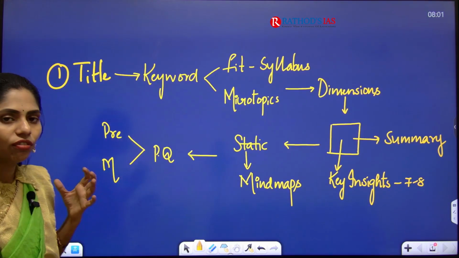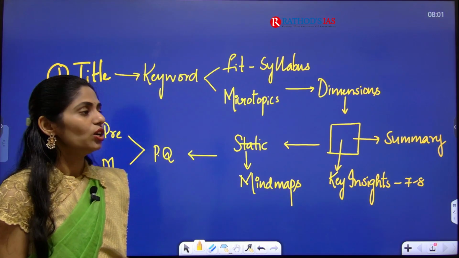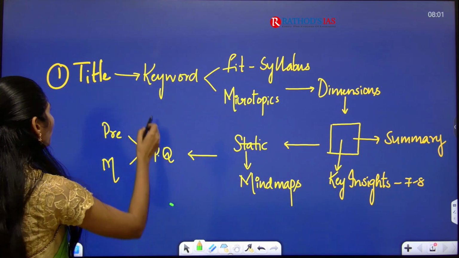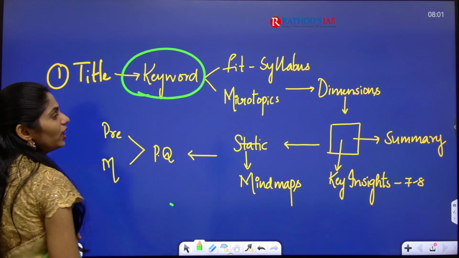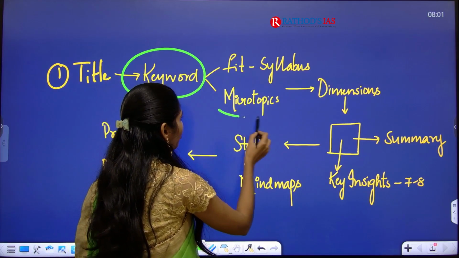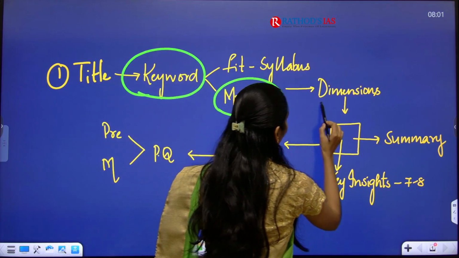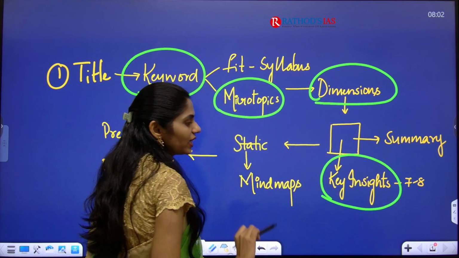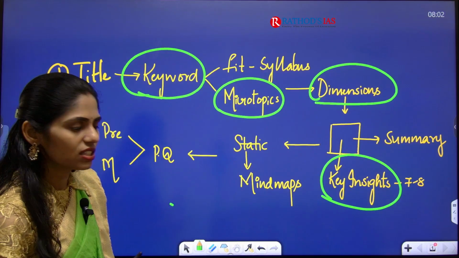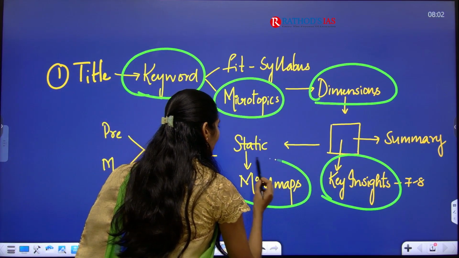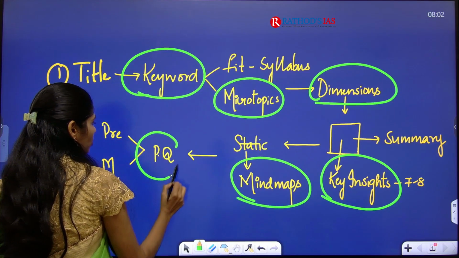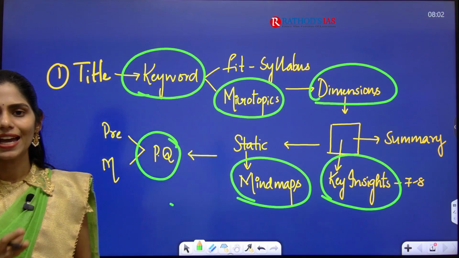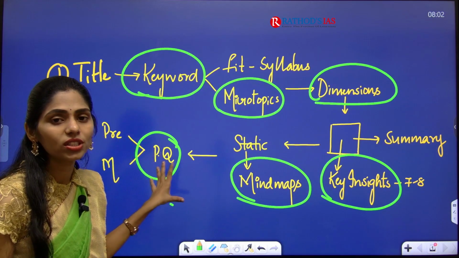So if you watch this analysis completely, first you are going to identify the keyword and connect with micro topics of your syllabus, you will get the dimensions that you have to focus on, you will see the key insights of that newspaper article, and you will get mind maps of static topics and even practice questions. Whatever UPSC expects from UPSC aspirants, we are giving through this analysis.